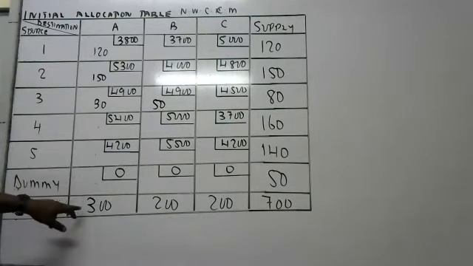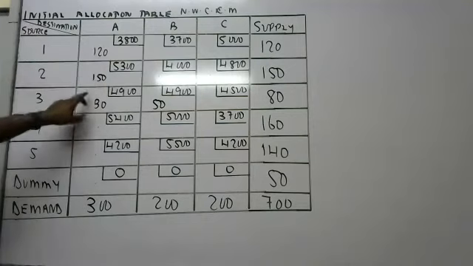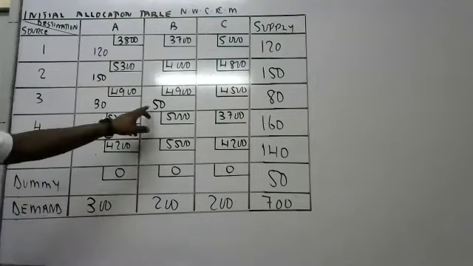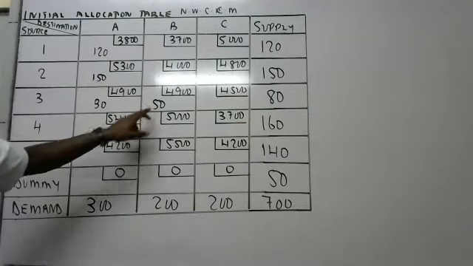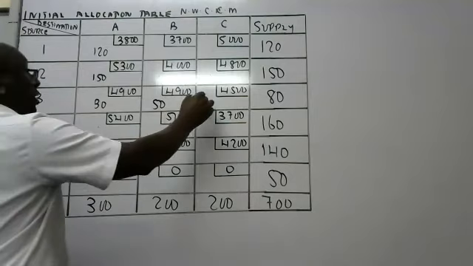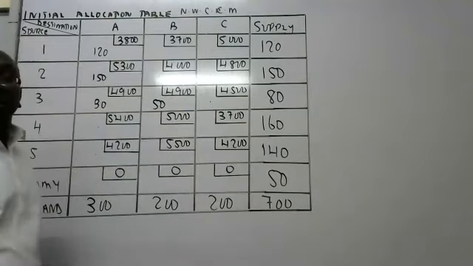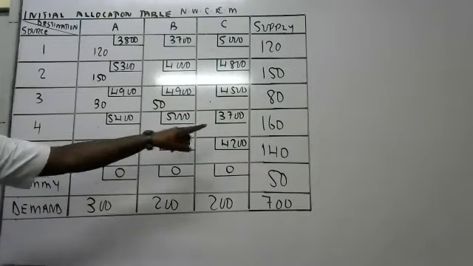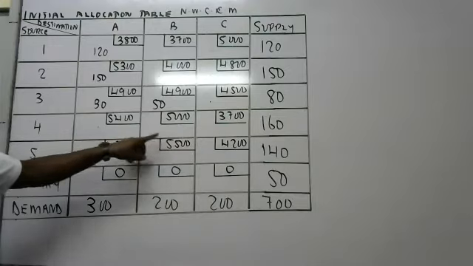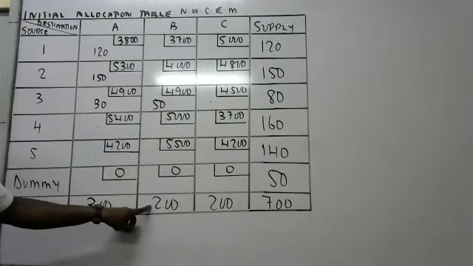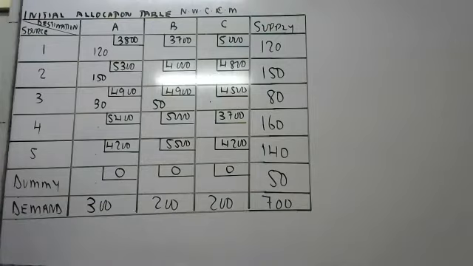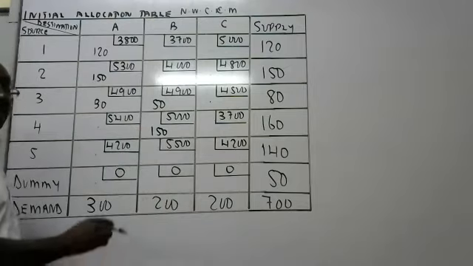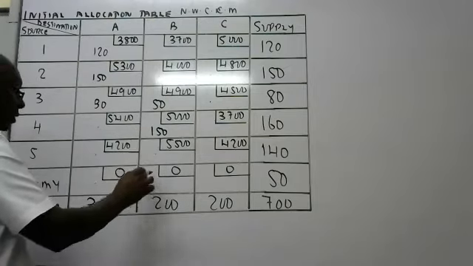That 30 is the difference between 300, 150, and 120. We have allocated, and the implication is that this one is blocked. We come here. When we get here, the available is 160. The required is 150. So the smaller is 150. And when you put 150 there, this is blocked, this is blocked.